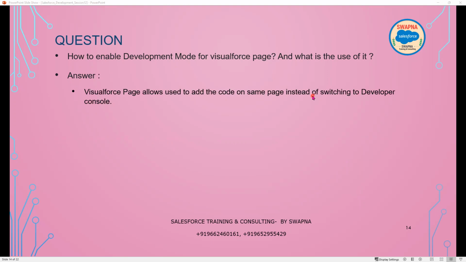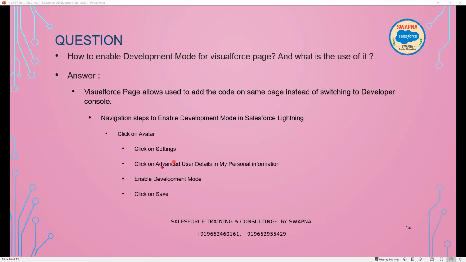If we want to see the user interface and development in the same page, then we can use development mode. In order to enable this, we have to click on avatar settings, advanced user details in personal information.